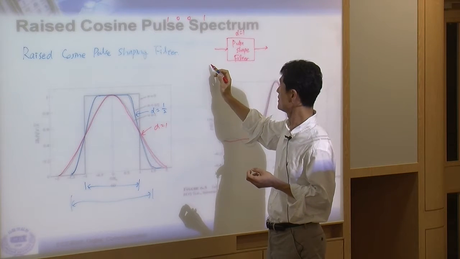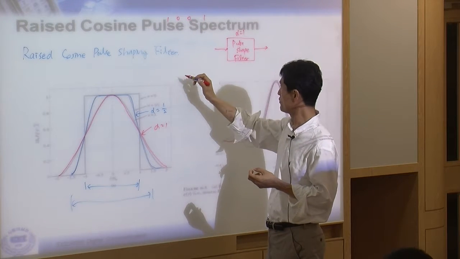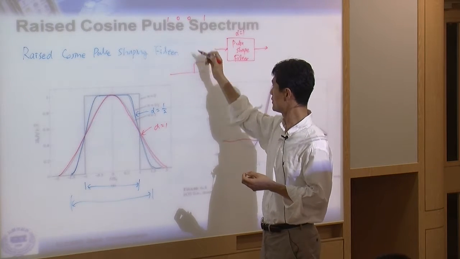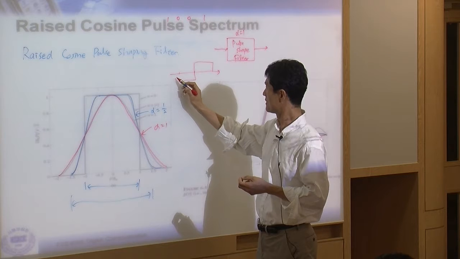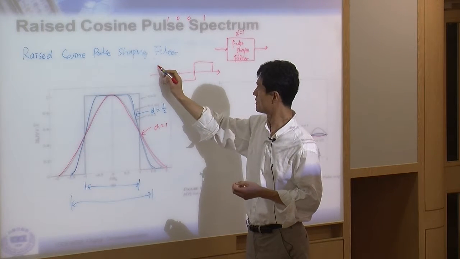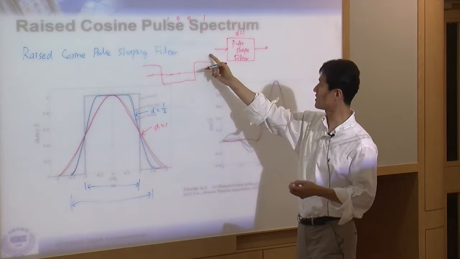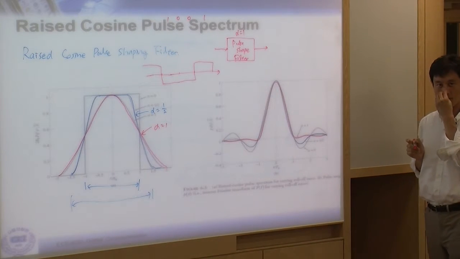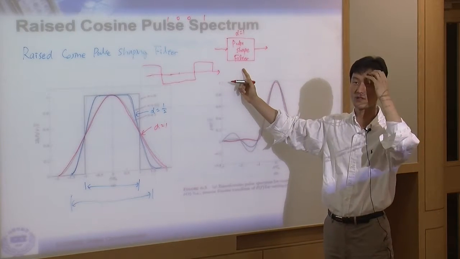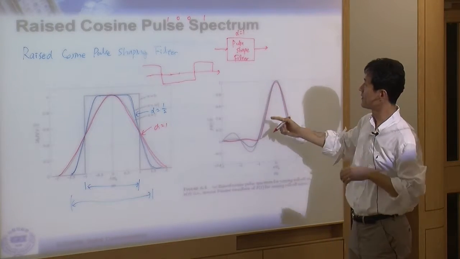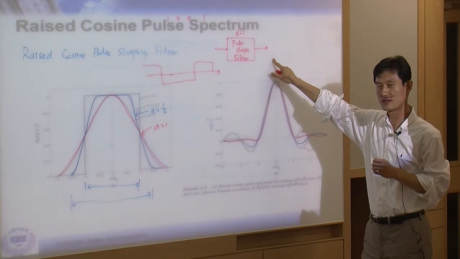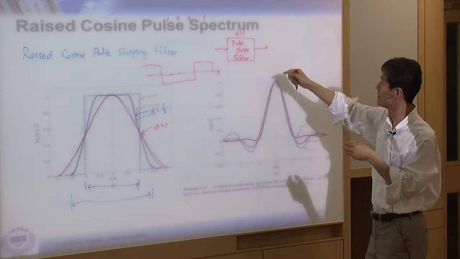So in time domain, 1 means this, 0 means this, another 0, another 1. This kind of signal comes into the filter. Now what is the output?